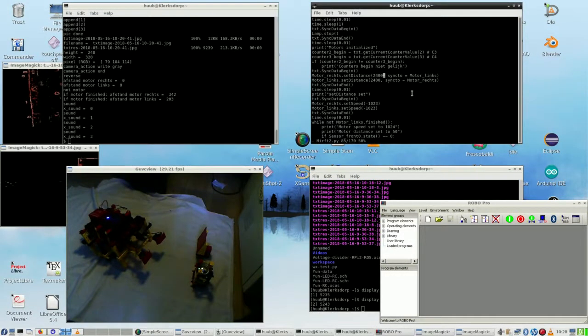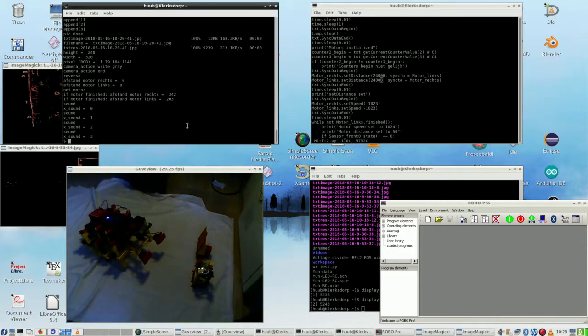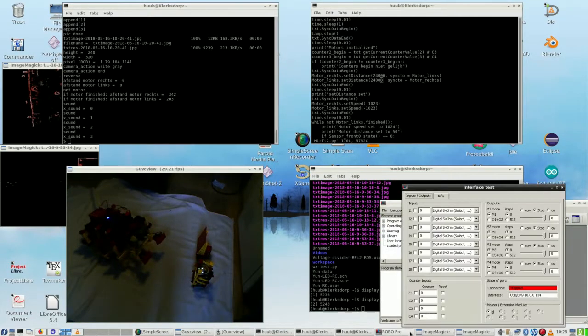Alright, then I am going to make a radical change here. Not 2400, 24,000. So it won't happen for a while that it should stop. And let's see whatever happens if I say okay, go. But okay, that should also imply that I have to reset this one. Very good.